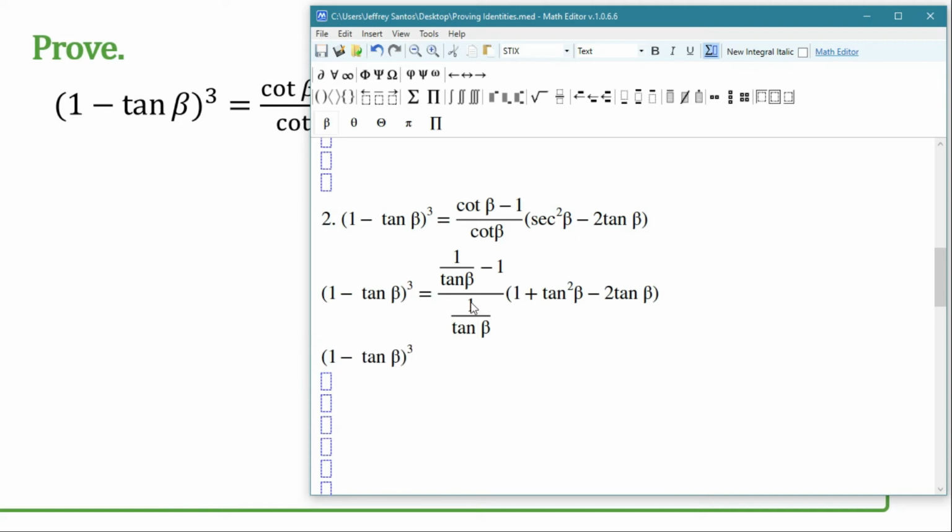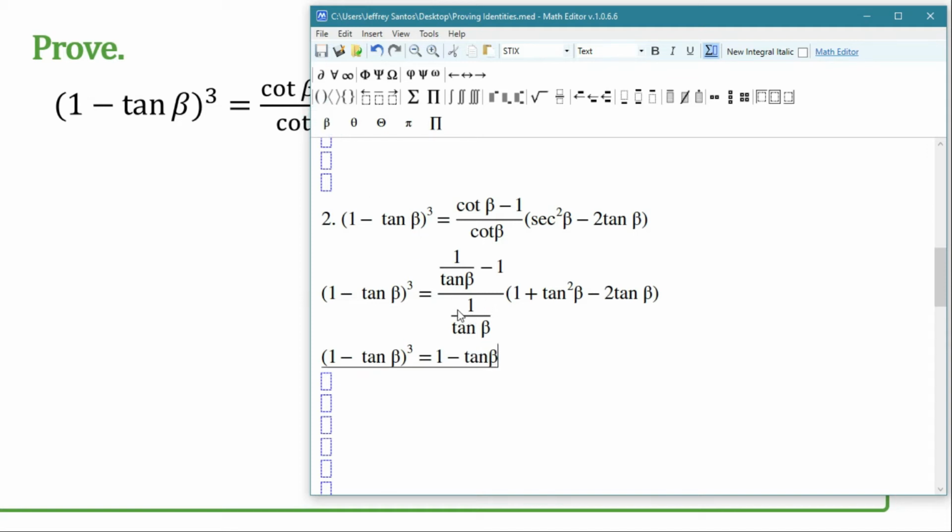so kapag minultiply natin ito, mawawala na ito, magiging tan of beta. So si tan of beta, i-multiply natin dito. So that is tan of beta multiplied by 1 over tan of beta. That is actually equivalent to 1. Okay? And then tan of beta multiplied by negative 1, that is actually the negative tan of beta.